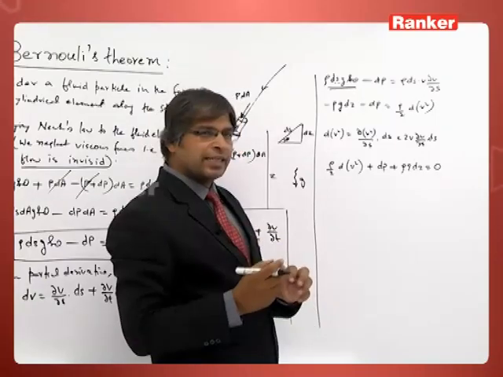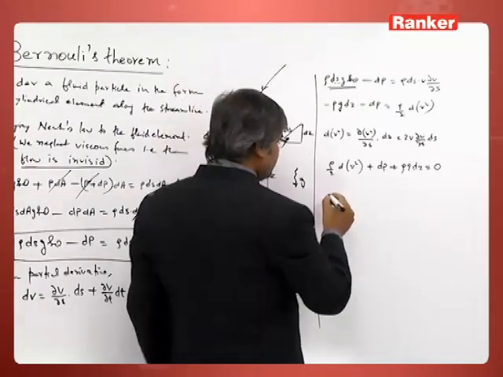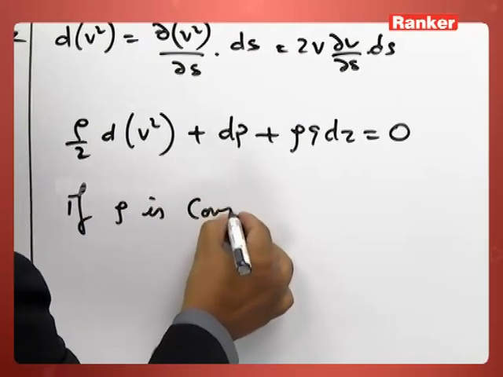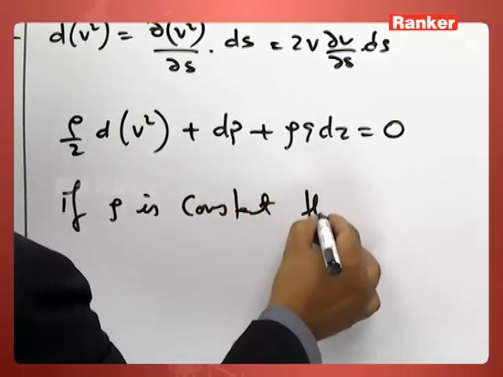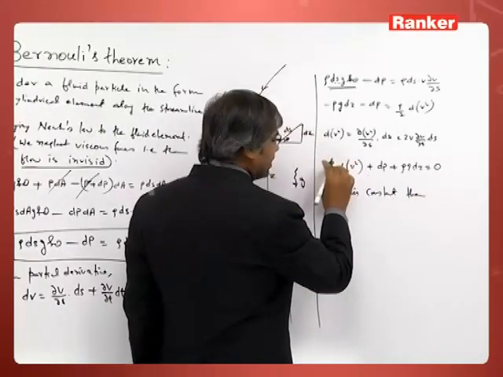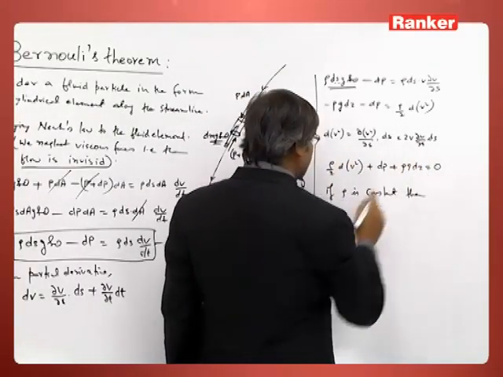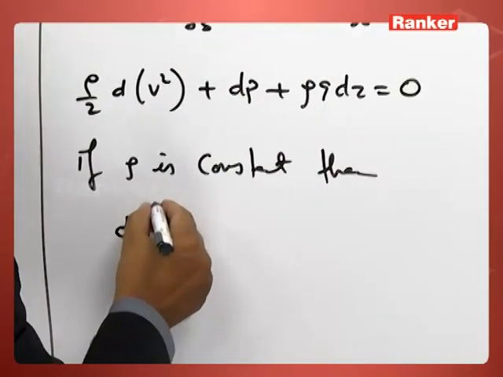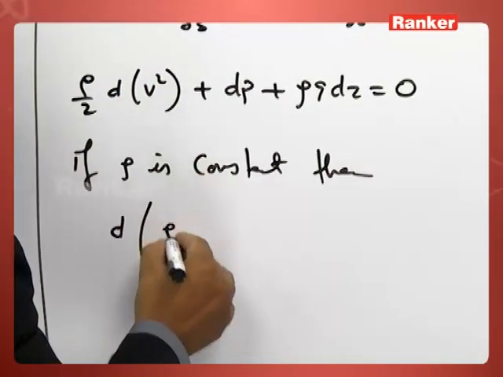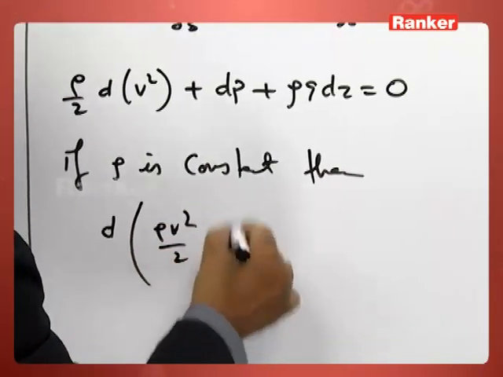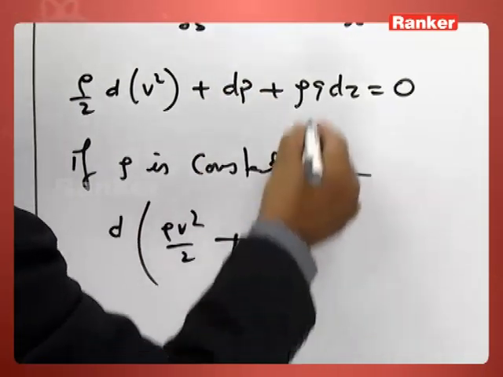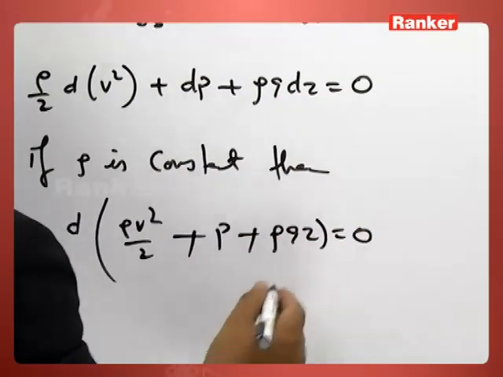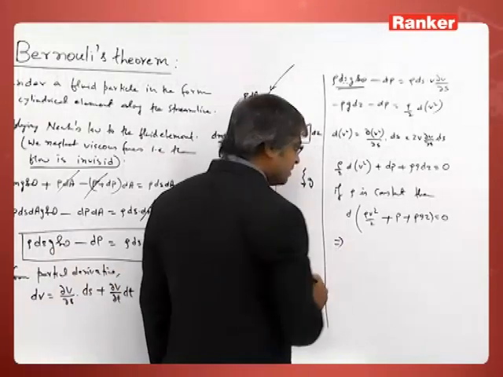Now one more condition: if I assume rho is constant, then rho can come under the differential, and we will have d of rho v square by 2 plus d of p plus d of rho gz is equal to 0.